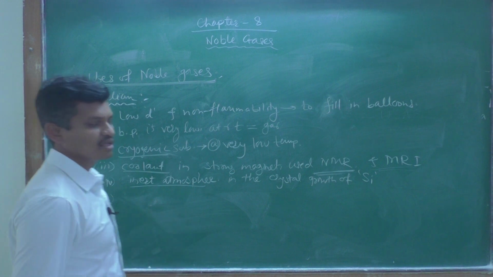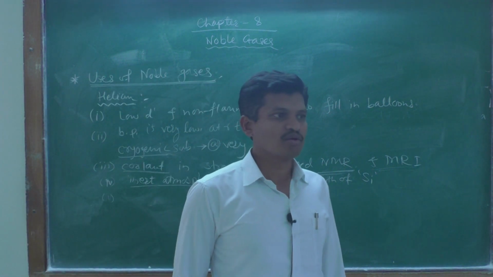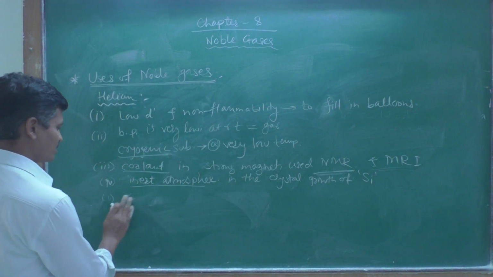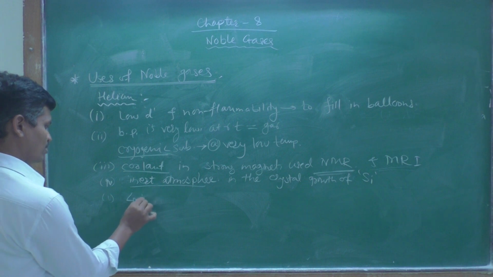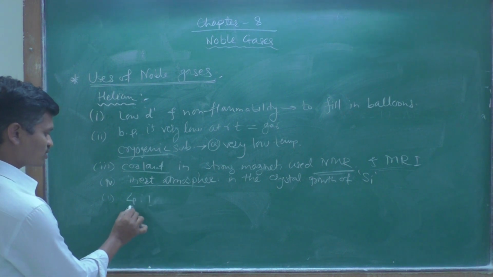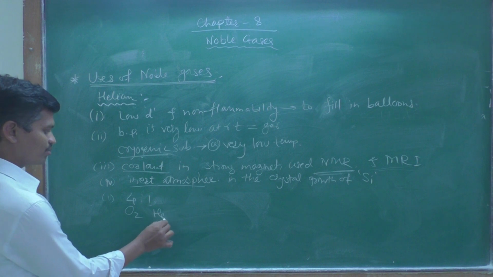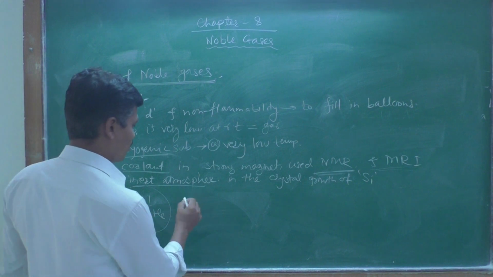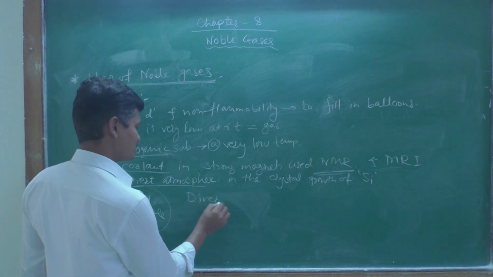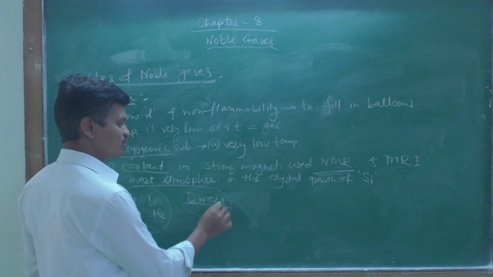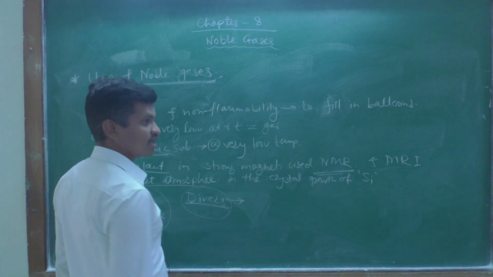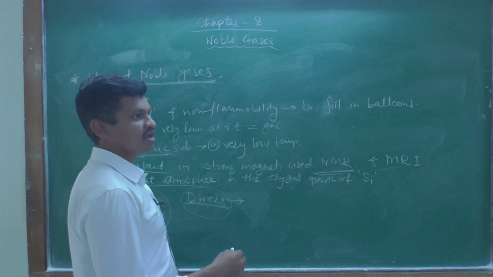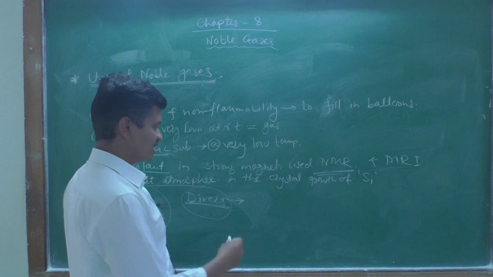Then this helium gas, when mixed in a 4 to 1 ratio, that is 4 parts oxygen and 1 part helium, this proportion is used for divers, to provide artificial breathing.